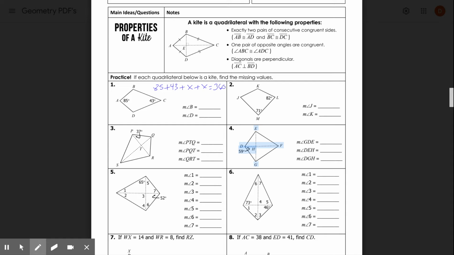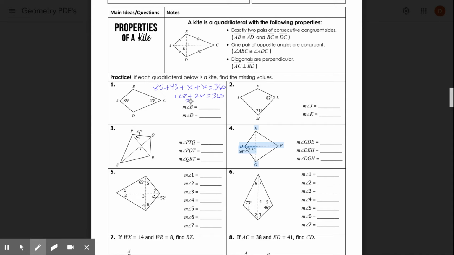So if we work this out, 85 plus 43 is 128. So we have 128 plus 2x equals 360. And then subtract 128 from 360, and we get 232.